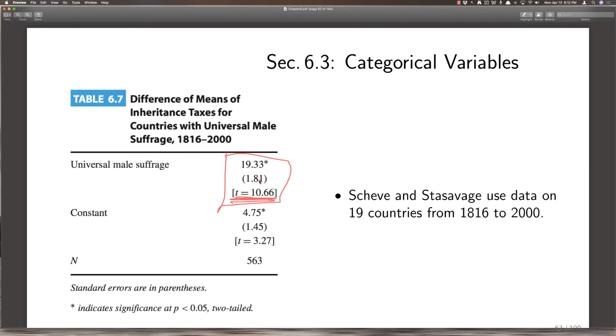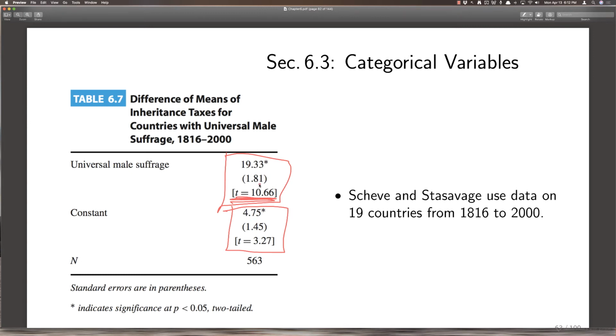So the difference in the mean inheritance tax across those two groups is 19.33%. What is the constant here? Well, the constant is the average inheritance tax in countries that don't have universal male suffrage in that particular year. That would have been 4.75.